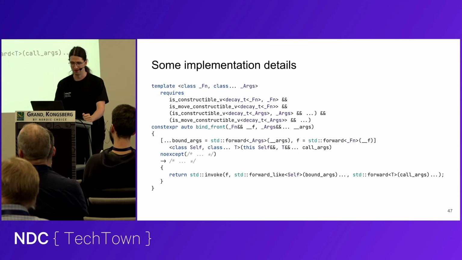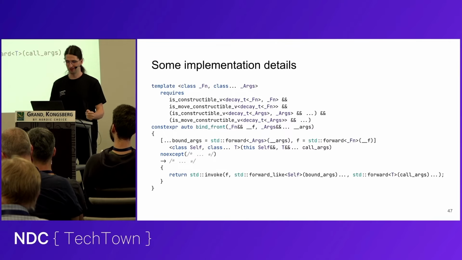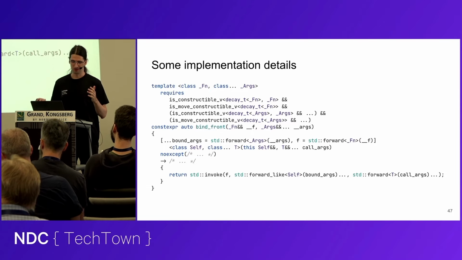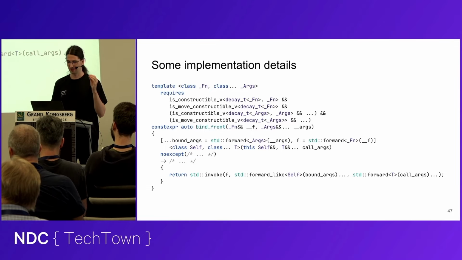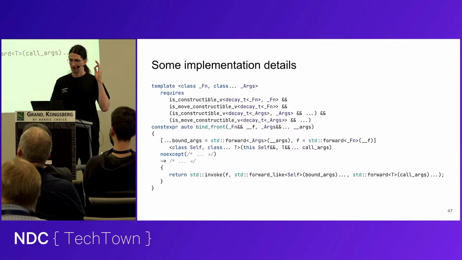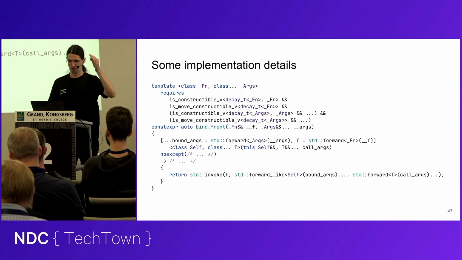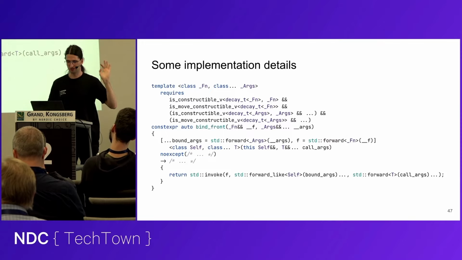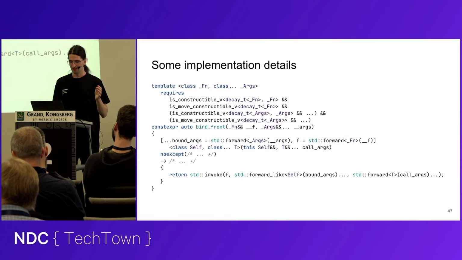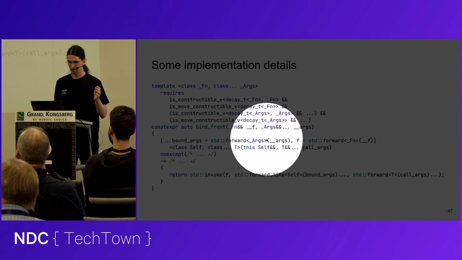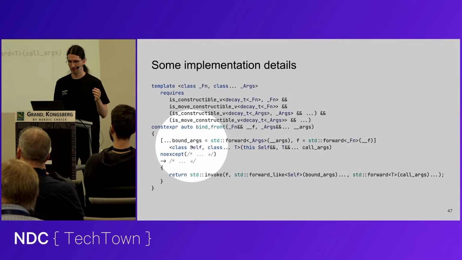This is the implementation of bind front. You don't need to read all of this, but the thing you should see here is that there are so many requirements, like how it can be constructible, how it can be move constructible, convertible, and whatnot. And the main point here is that the bound args, they just forward it like this in the capture list, and they are stored.